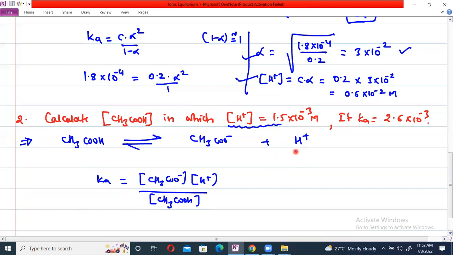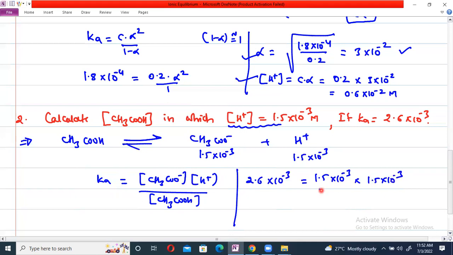So concentration of H plus ion is 1.5 into 10 to the power of minus 3, which means the acetate ion value is also the same thing. So now apply the formula. What is the value of Ka they gave? 2.6 into 10 to the power of minus 3 equal to concentration of acetate ion 1.5 into 10 to the power of minus 3, H plus 1.5 into 10 to the power of minus 3, by concentration of acetic acid. Now just solve it.